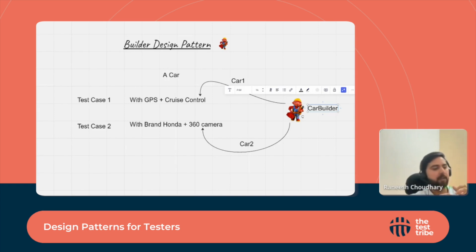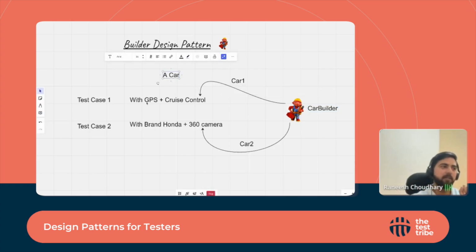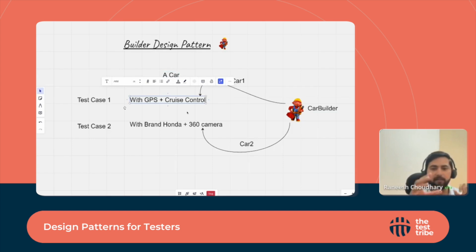In our test cases, we have some hundred or thousand test cases. For each test case, we need some particular test data. So in one test case, there should be a car with GPS and cruise control. This car test data we need for our test case. In another test case, we need different test data.